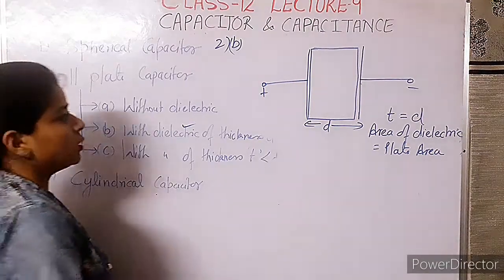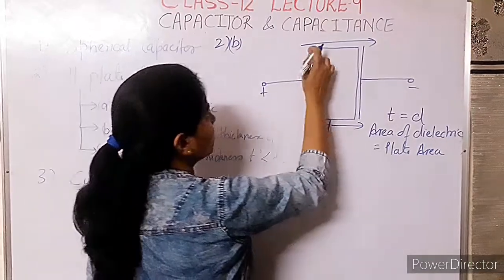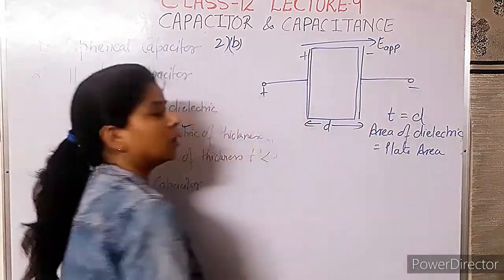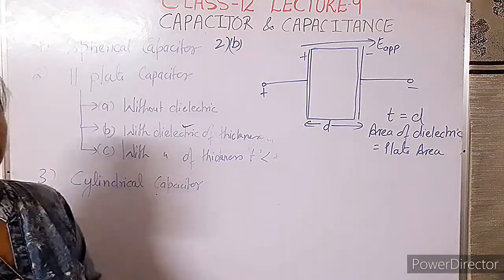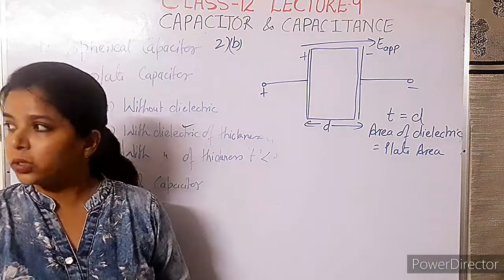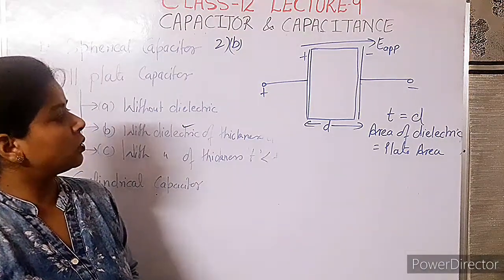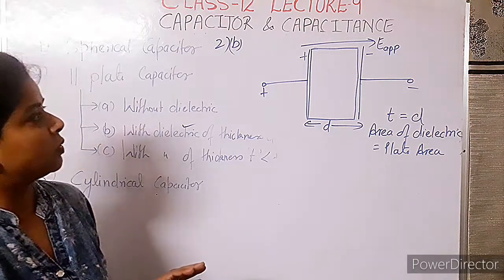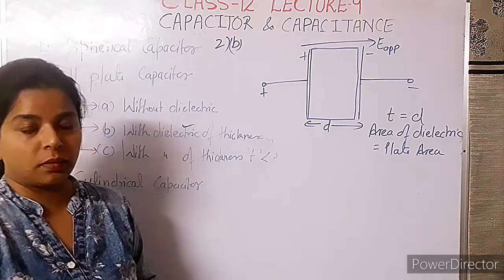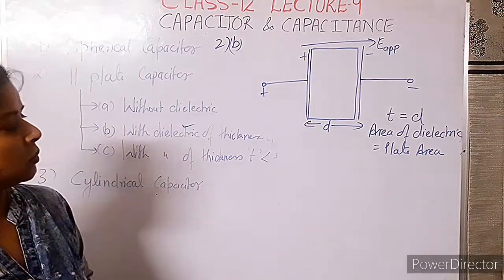Okay, now here we need to find out, first of all, the applied field, which is from the positive terminal to the negative terminal. This is E applied. Due to the presence of the applied field, we have to go back to the concept of dielectric. We know that a dielectric is basically an insulator, like mica, heavy water and mercury.